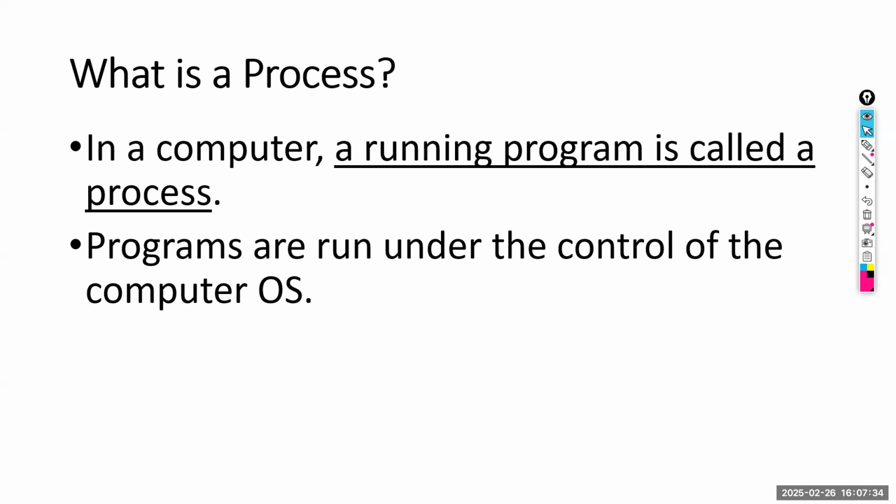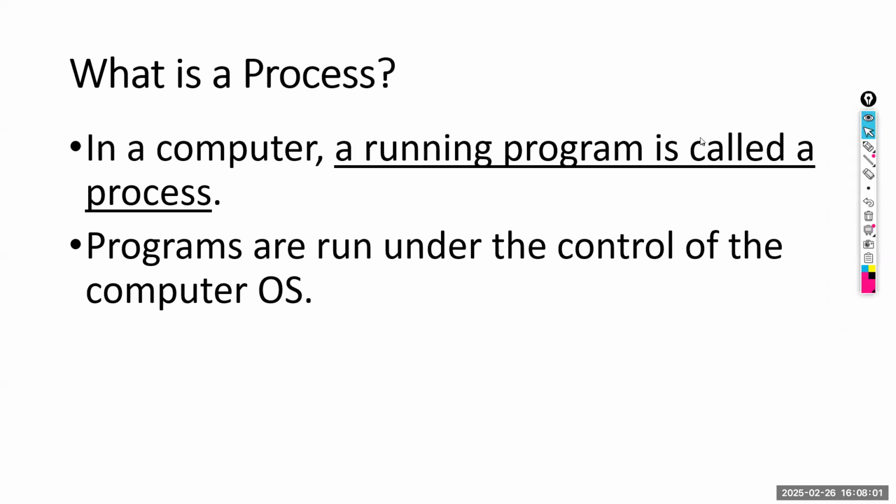For example, right now on my laptop, the PowerPoint program is running. Zoom is running. The software that I use to draw on the screen is also running. And there are other programs running in the background, like Google Chrome.